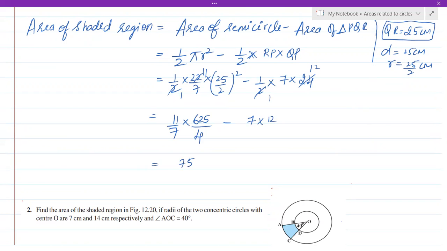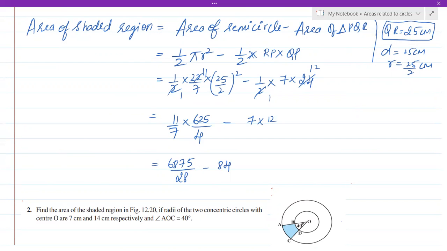So it becomes 5, 7, 8, 6, 6, 8, 7, 5 by 28 minus 12 sevens are 84. Okay. So you can divide this 6, 8, 7, 5 by 28. How much ever you get, subtract it with 84. Let me do it. 6, 8, 7, 5 divided by 28.